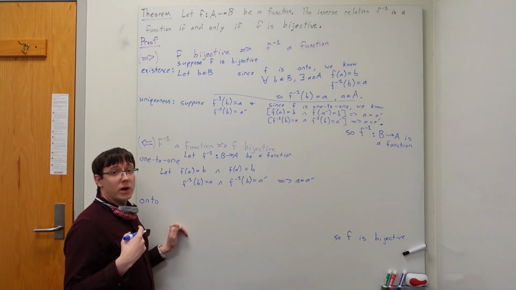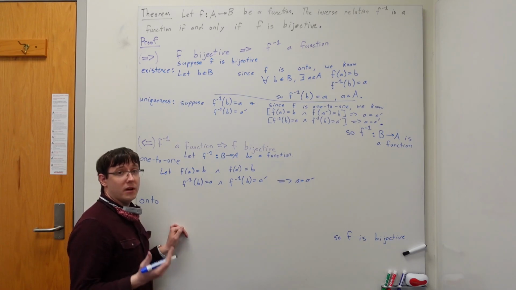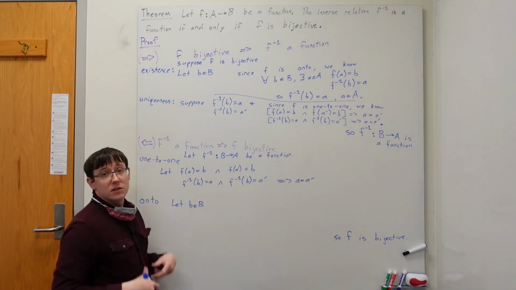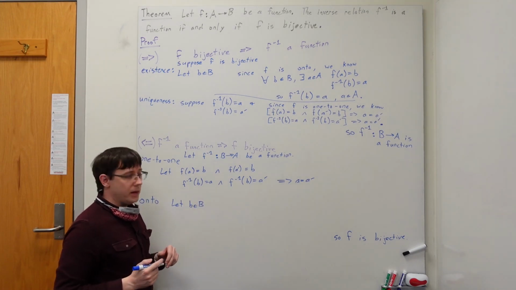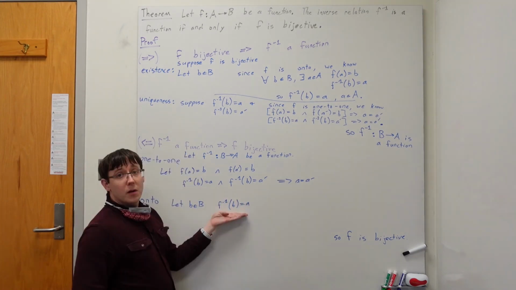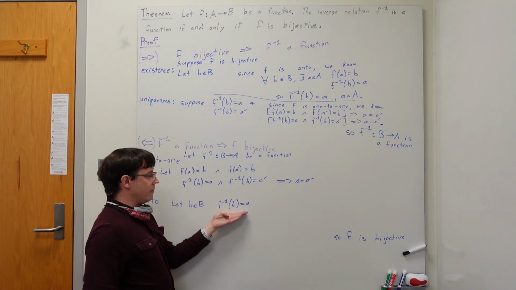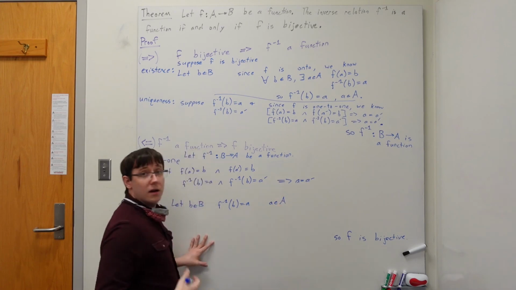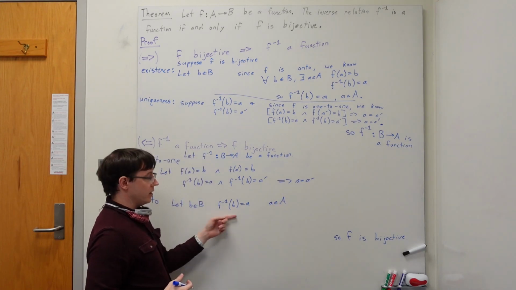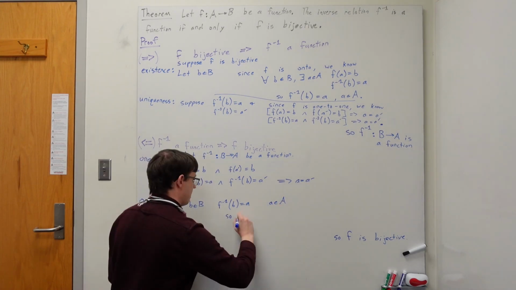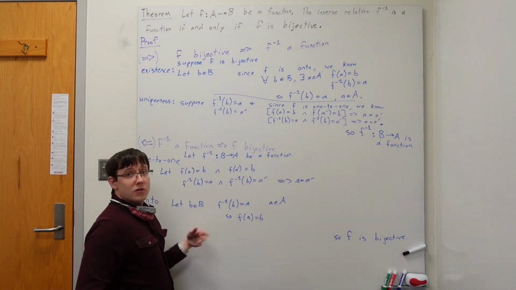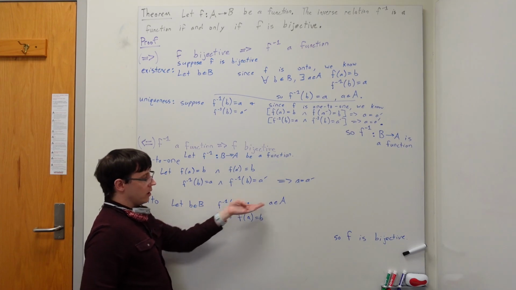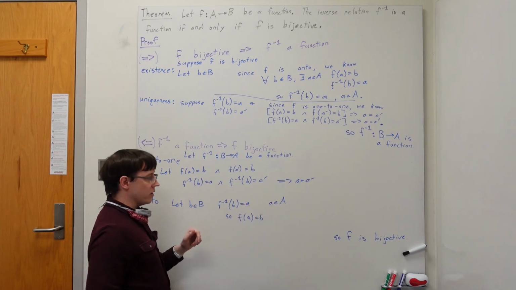For onto, we want to show that any element of b can be hit by the function. So we'll start with an arbitrary element of b. But then, since f inverse is a function, it produces some element of the input set as its output on b. So when we reverse this, f must give us that element b for some element of the input set.